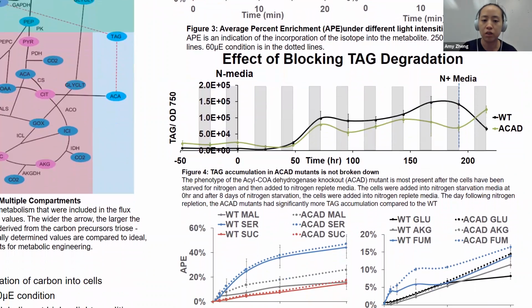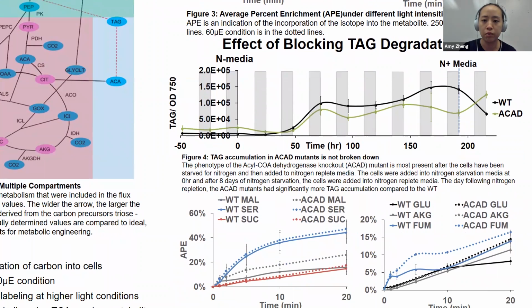And next we have the TAG degradation, or the ACAD knockout case. So the ACAD knockout prevents TAG from being degraded. And so how we can most clearly see the phenotype is when we first acclimate the cells to nitrogen replete media, and then at time 0, we added the nitrogen limitation media.